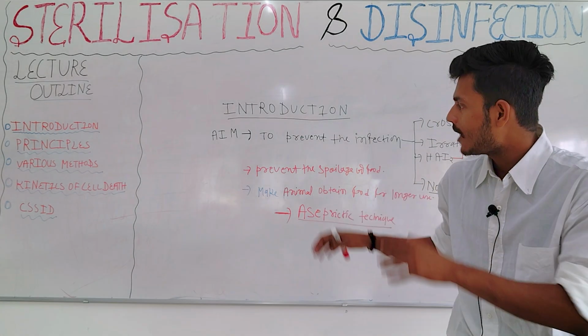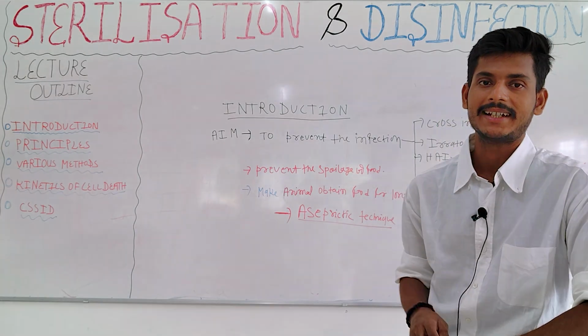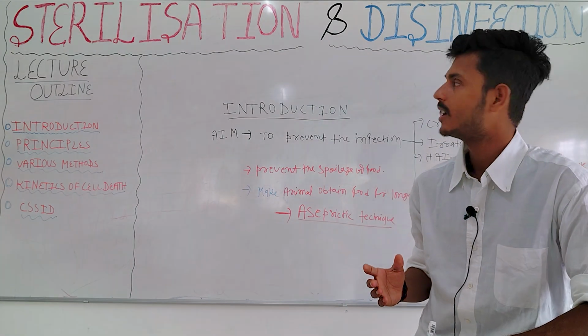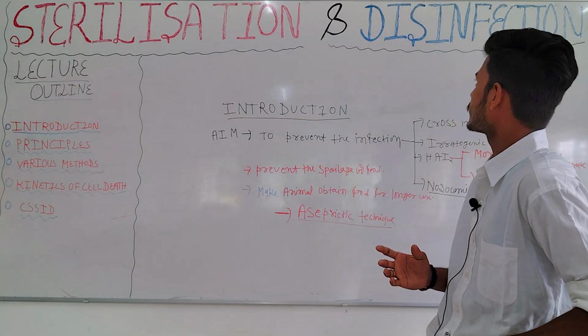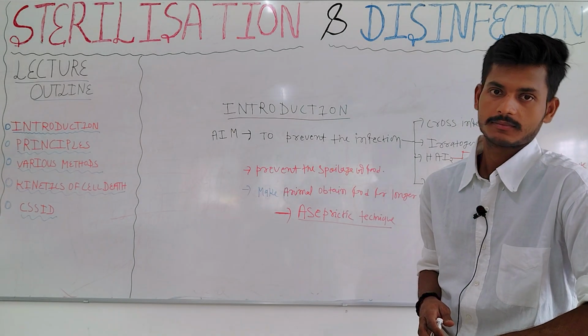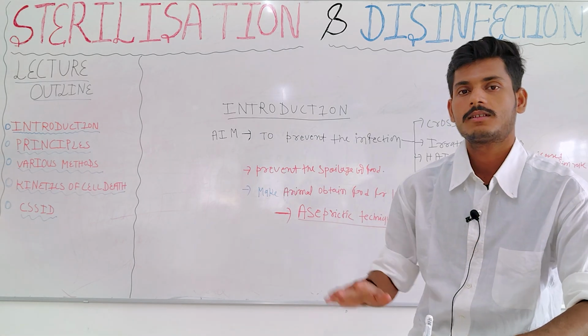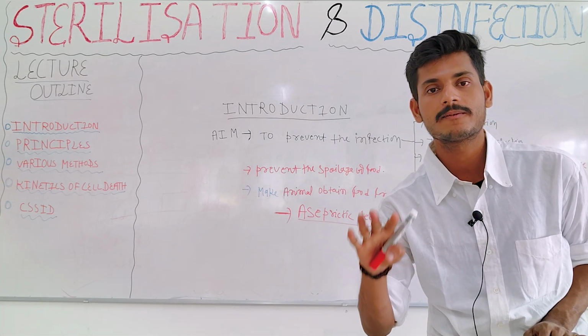Now, for our lectures, we have to deal with two techniques to achieve this aseptic condition, to achieve asepsis. One technique is called sterilization, and another technique is called disinfection. Sterilization means total sterility, or a total microbial free ambience.